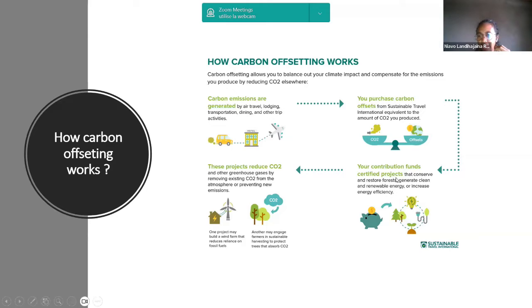And then from that, we will contribute funds to different certified projects that conserve and restore forests, generate clean and renewable energy, or increase energy efficiency. And so, these projects will reduce carbon emissions.